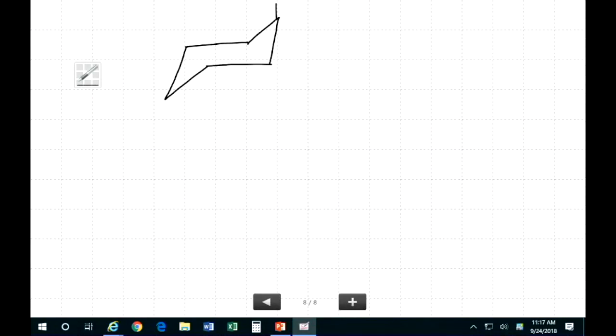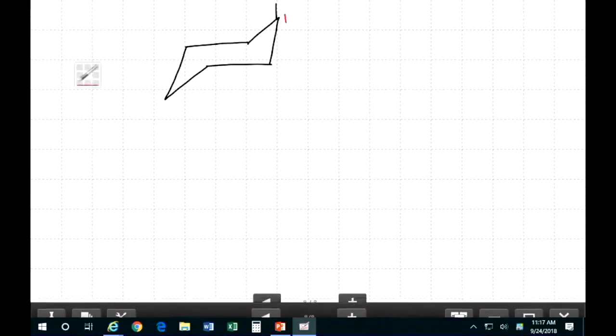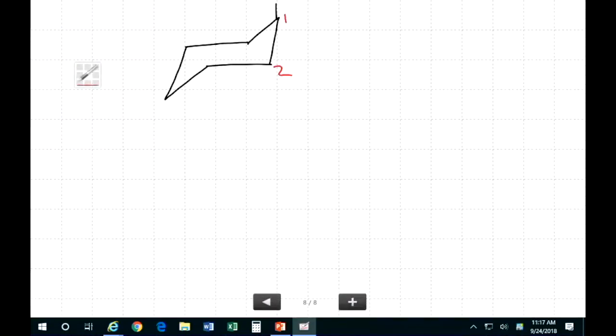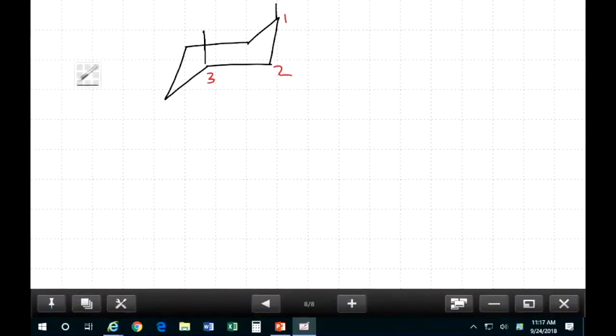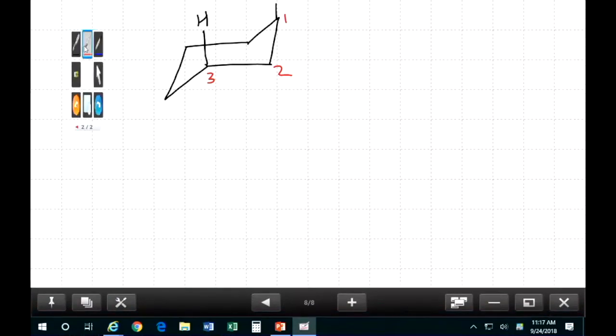So for 1,3 interactions, if we number from this carbon, we call this carbon 1. We go 1, 2, 3. The group that is axial at carbon 1 is close enough that it interacts with the group that's on carbon 3.